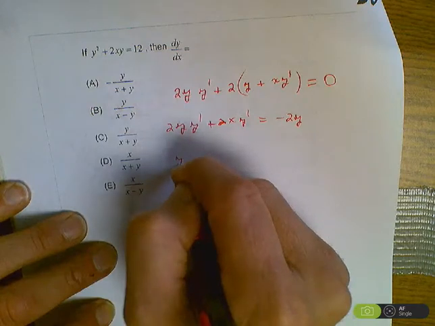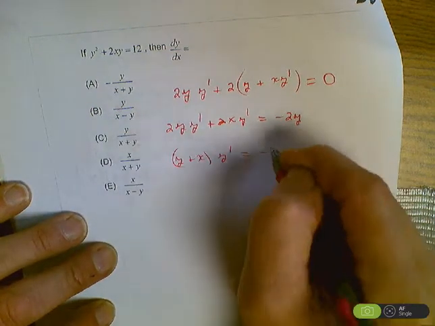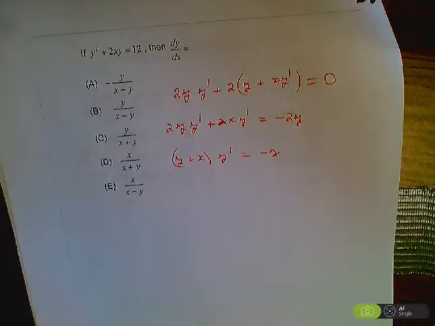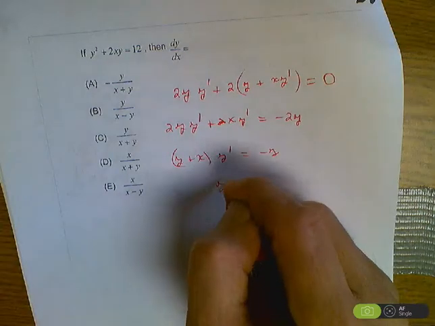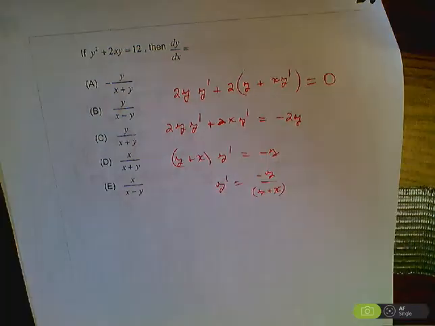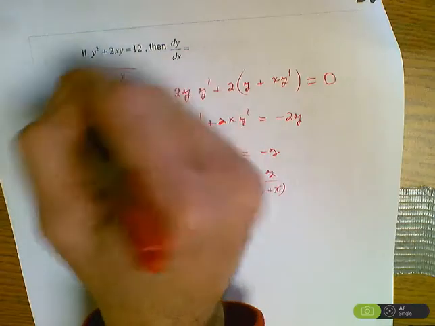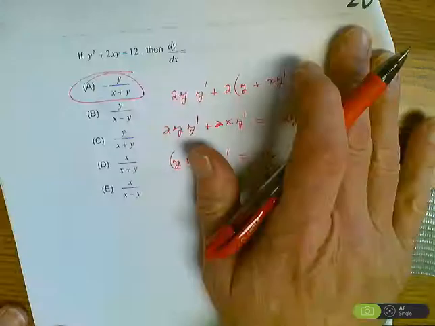I'm just going to write y plus x times y prime equals negative y. You see your answer is going to be y prime equals negative y over y plus x. I wouldn't have written that on a multiple choice test. Once I could have done the moving it underneath and I saw that answer A was correct, I would have stayed there.